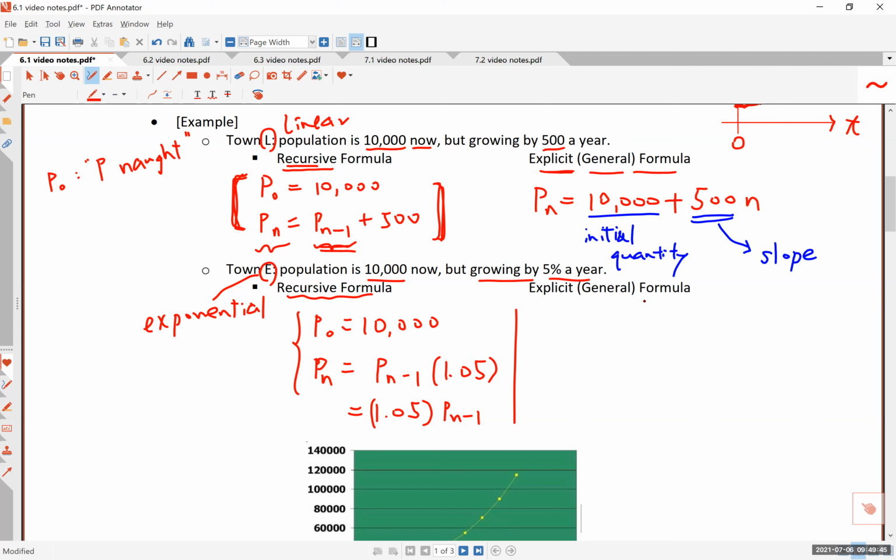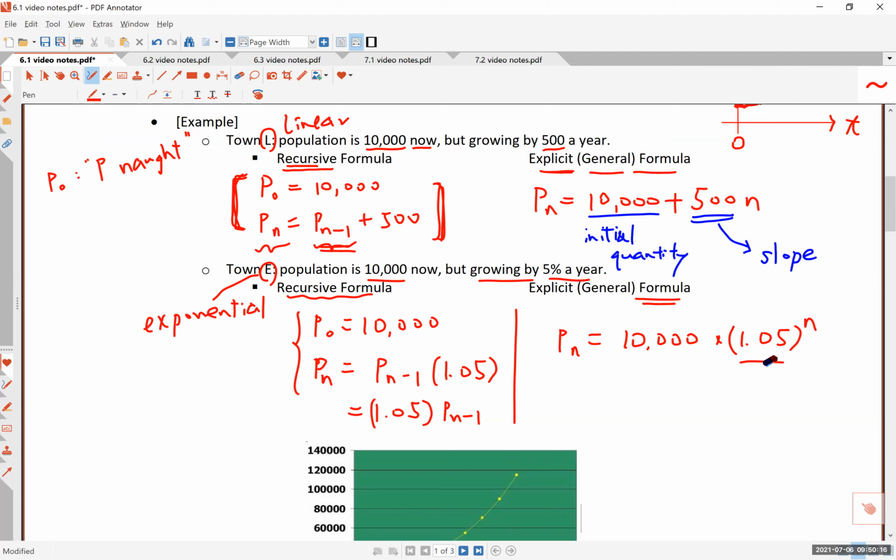The explicit formula is very similar to what we saw for the general formula in compound interest calculation. How do you find P sub n? Well, it is 10,000, the initial account back in chapter 3, multiplied by 1.05 raised to the nth power, right? Remember that? Because first year you multiply by 1.05, then the second year you multiply the result of that calculation by another 1.05, and then the following year by another 1.05.